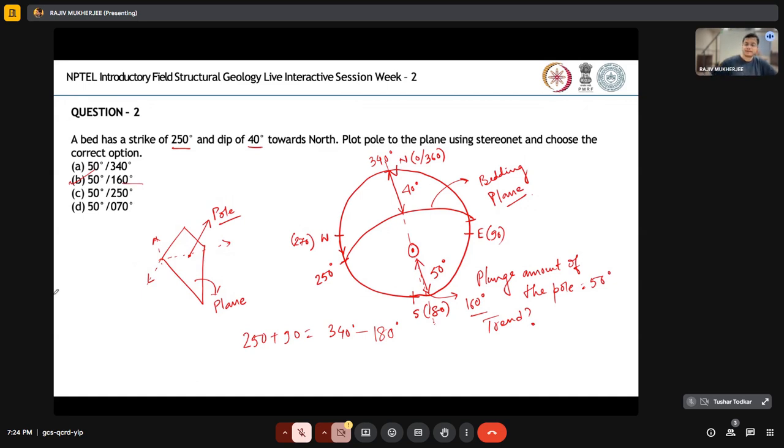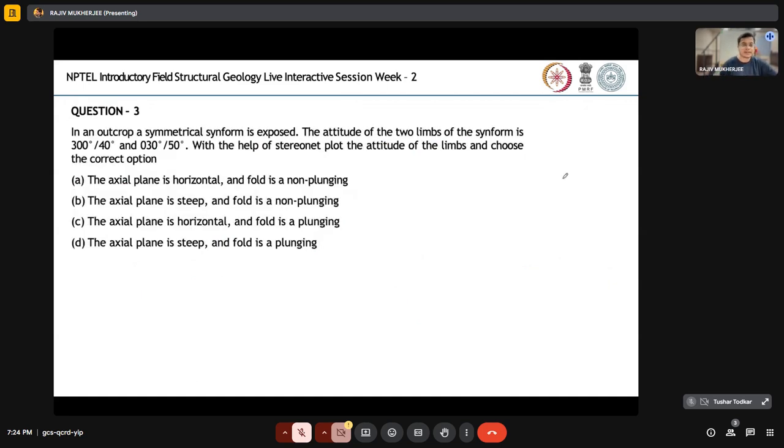Okay, so the next question. In an outcrop, a symmetrical synform is exposed. The attitude of the two limbs of the synform is 340 degrees, 40 degrees and 030 degrees, 50 degrees.